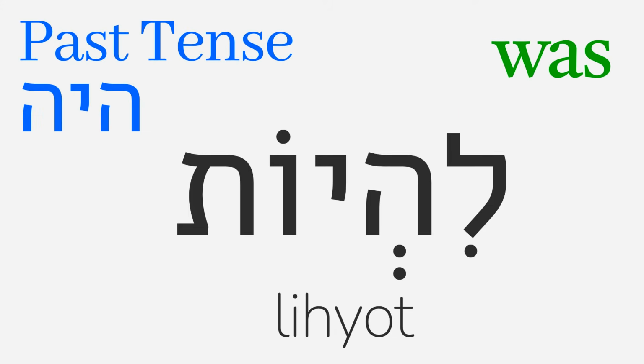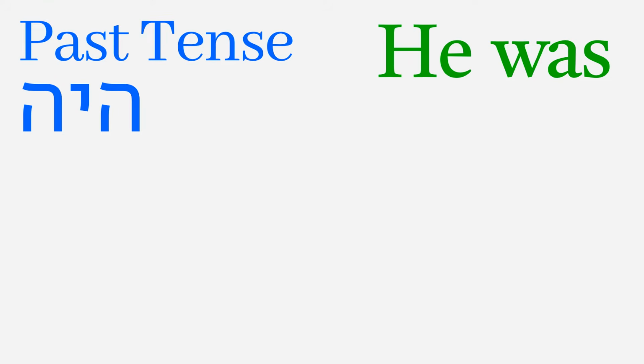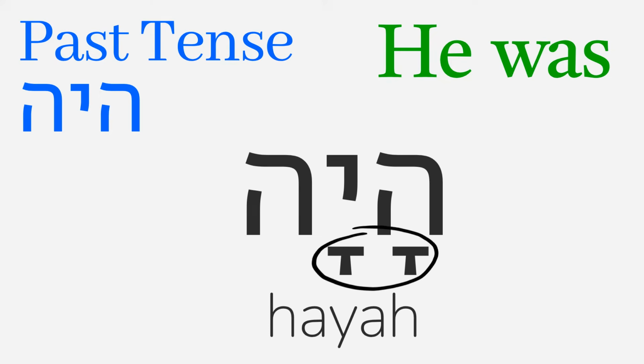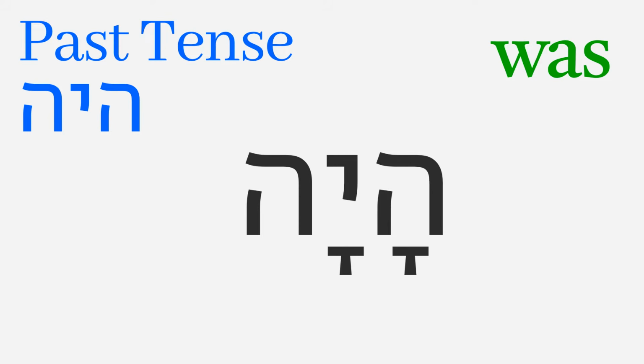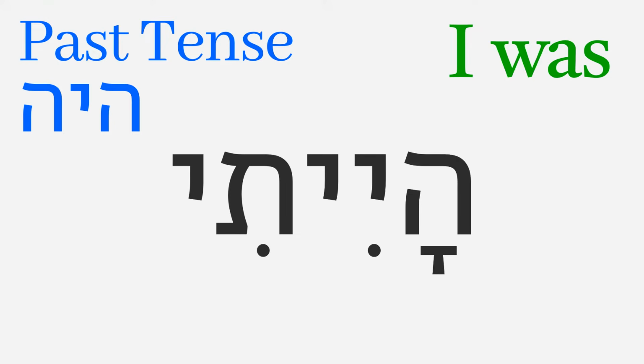Let's see the past tense of the verb lihiyot. With roots ending with he, the hu, he form will have both vowels as a kamatz. So he was is haya. The third root letter he will then change into a yod that says e in the following forms. The ani, I form, with the t ending, hayiti, I was.